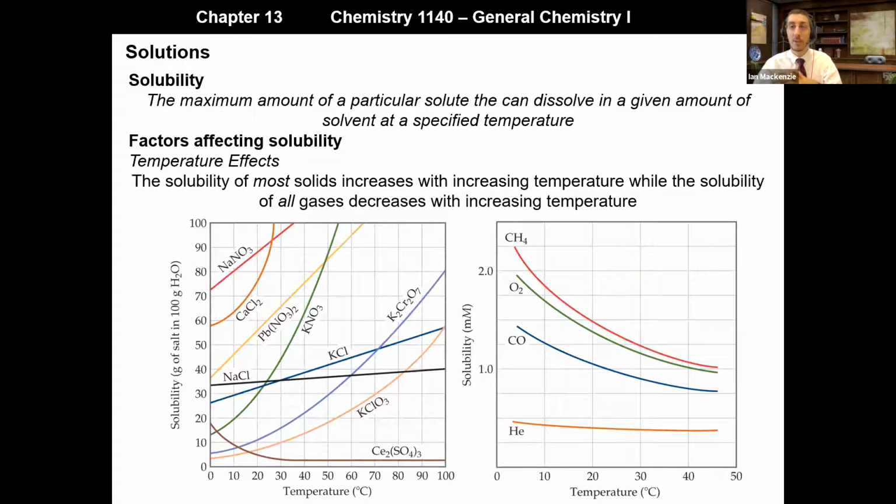And the same thing occurs here. If you give those gas molecules more kinetic energy, then when they hit the surface of that liquid, more of them are going to escape. And so you will increase the partial pressure, but you will decrease the amount that's dissolved in the solvent. And so we see it depends here on the identity of the gas how significant this effect is. But for all gases, the solubility decreases as we increase the temperature.